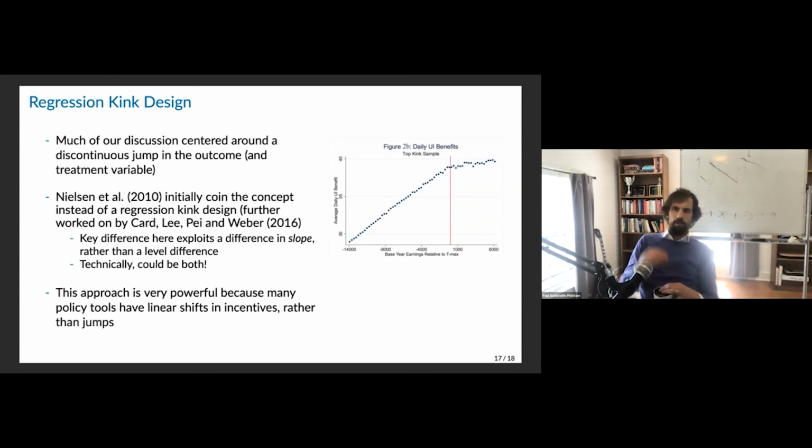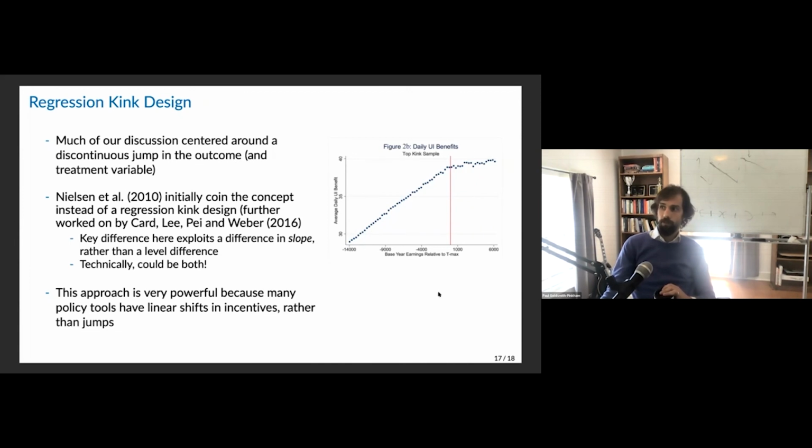So Card et al. basically say that this was initially coined in the Nielsen et al. paper, where you're exploiting a difference in the slope of the parameter rather than just a level difference. The reason this is seductive is that there are a lot of policy tools, especially in public finance, where the things happening are linear shifts in incentives rather than discontinuous jumps, like tax schedules or unemployment insurance.